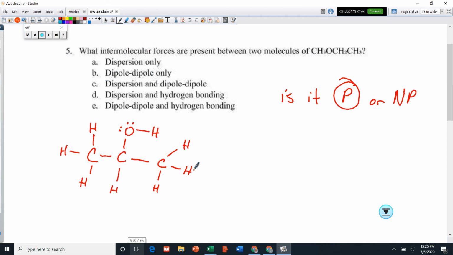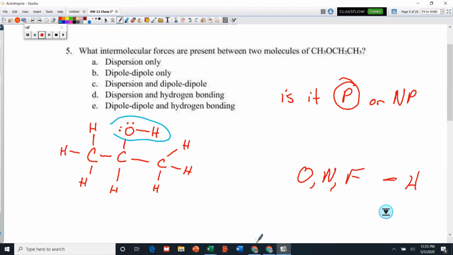The next question is do we have oxygen and hydrogen? Do we have opportunity for hydrogen bonding? And remember, if we have oxygen, nitrogen, or fluorine directly bonded or chemically bonded to a hydrogen, we have that opportunity. So yes, we do have that situation right here.